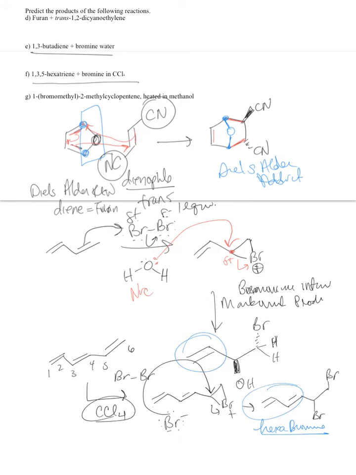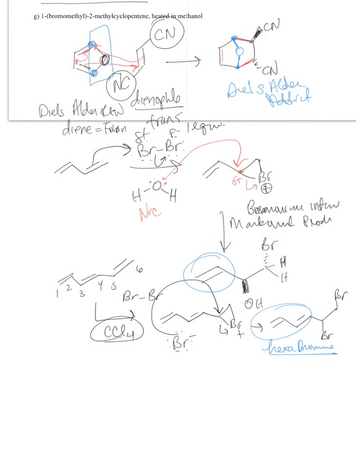Okay, and then the last one we have is cyclopentene. Okay, so we have cyclopentene. We have one bromomethyl. So that would be one bromomethyl.